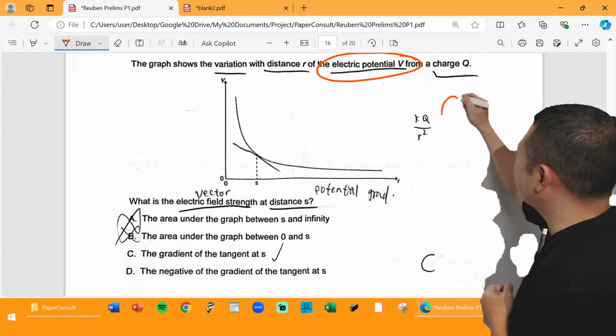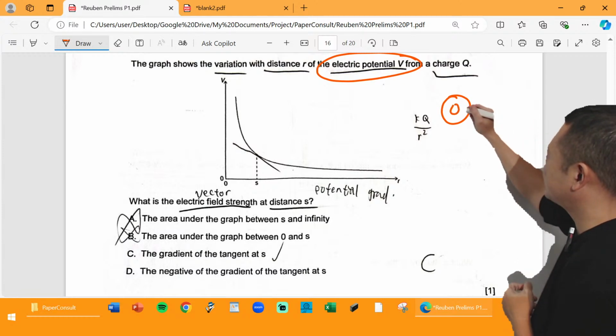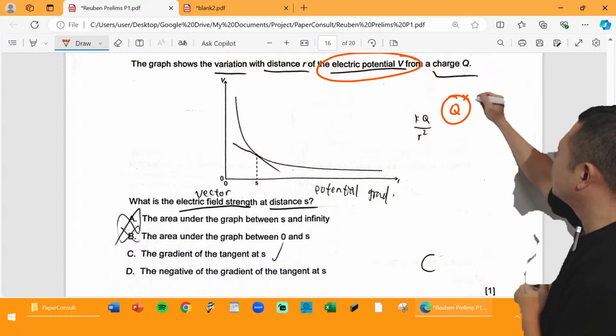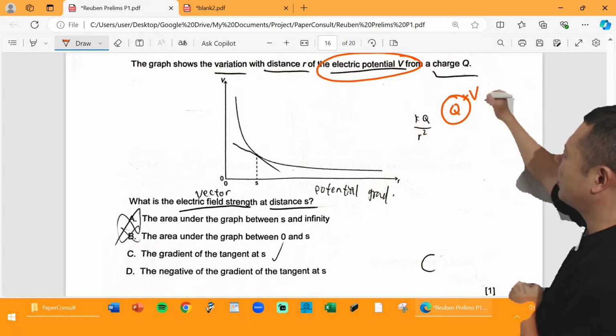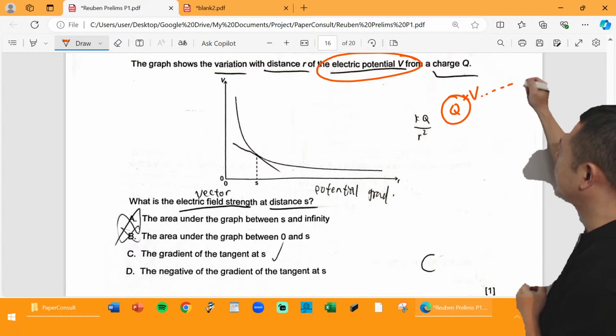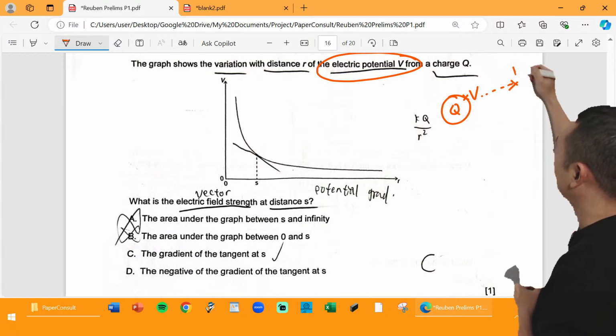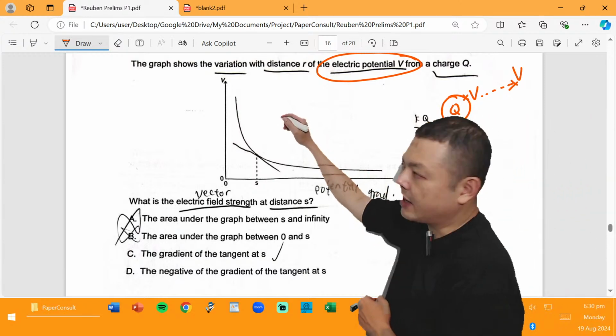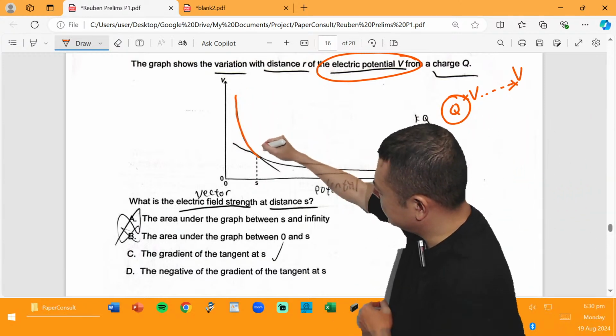You have a spherical charge Q here, and based on the graph, there's a voltage right on the surface of the charge. As you go further and further away, the voltage decreases, like that.